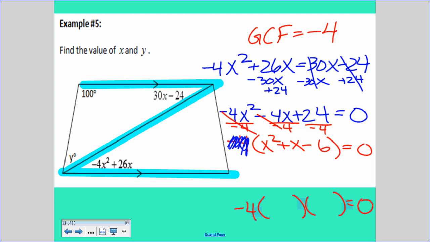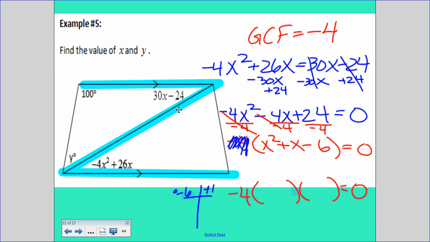Do you guys want to do the short method or the long method? I would like to do the short method too, so I'm actually going to raise that up a little bit so I have some room. What do I get that multiplies to negative 6 and adds to 1? That doesn't matter.